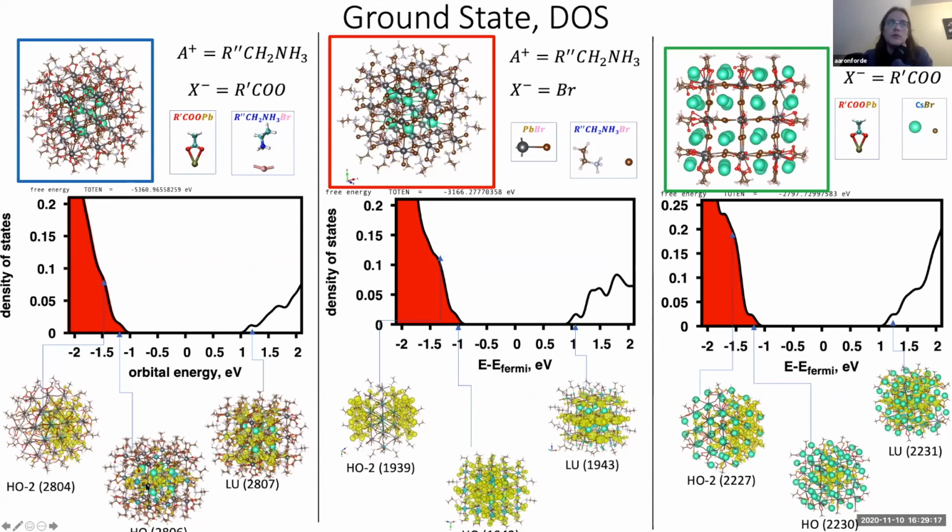For the HOMOs, the orbitals are located on halide p and lead s orbitals, whereas for the LUMO, those are all mostly lead p orbitals. Okay, so the envelope functions for the HOMO and LUMO do match the expectations in all three cases.